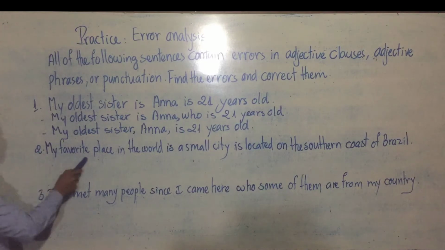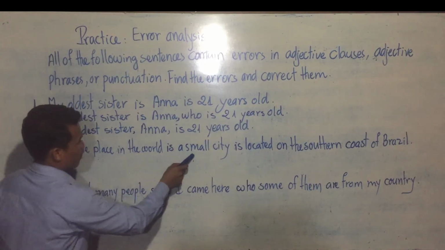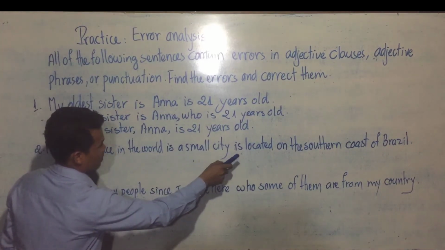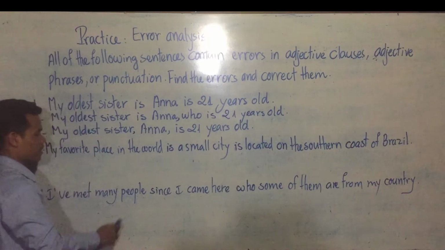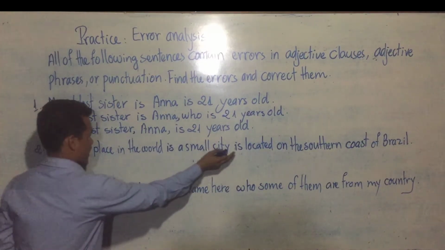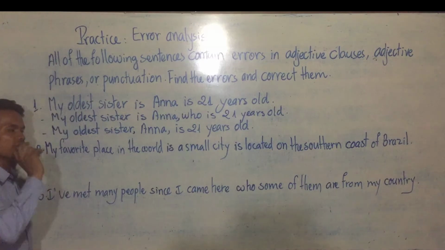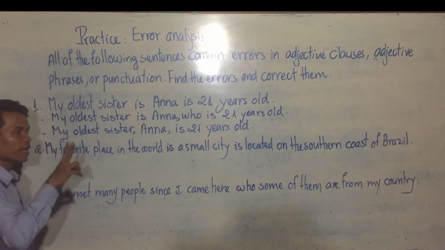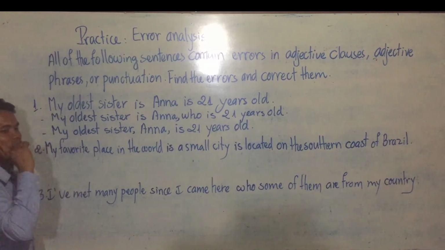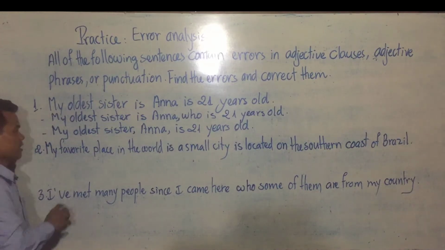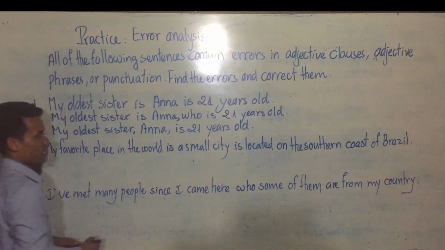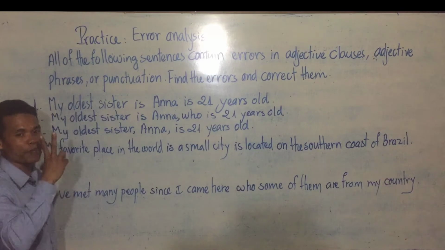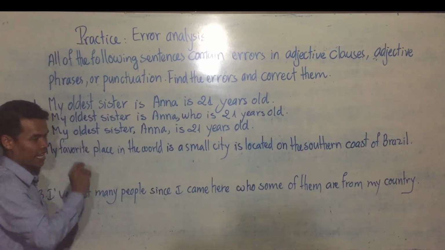Number two, my favorite place in the world is a small city. It's located on the southern coast of Brazil. Again, is and is. So when you see two is like this, it means that one is an error. In this sentence, you have two ways in order to correct these errors as well.